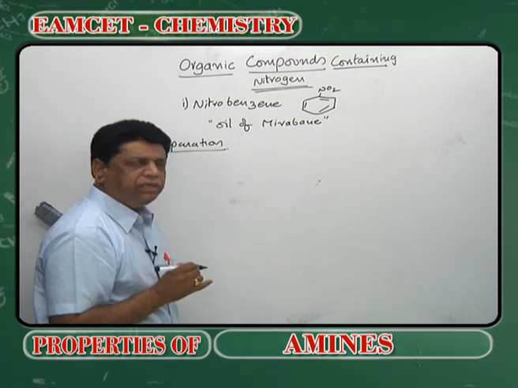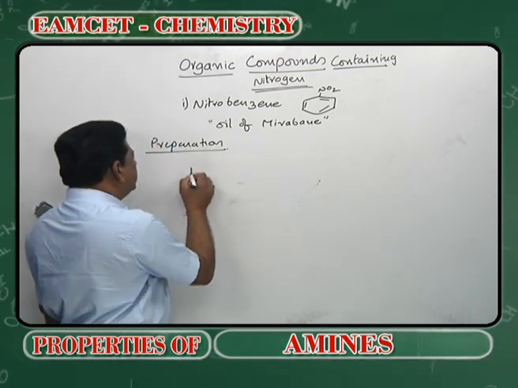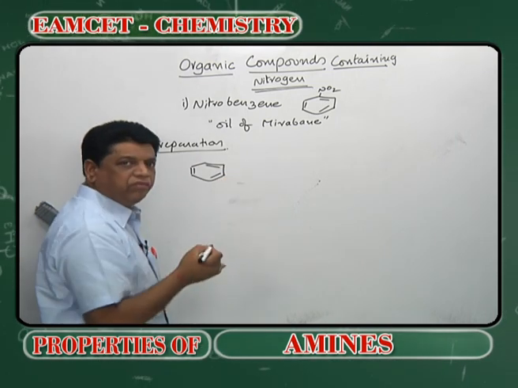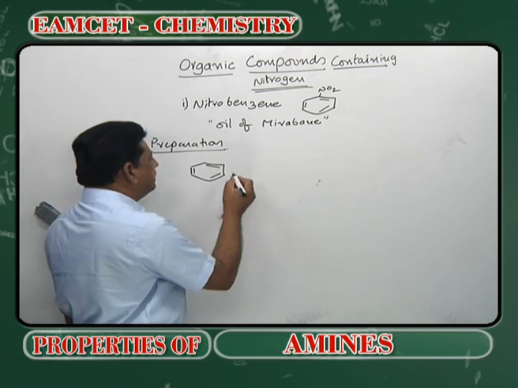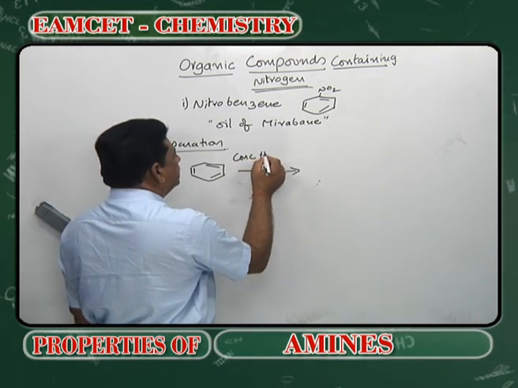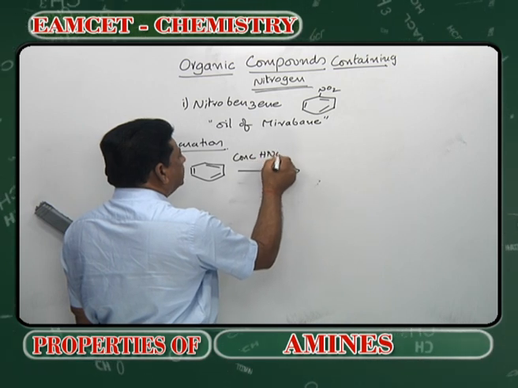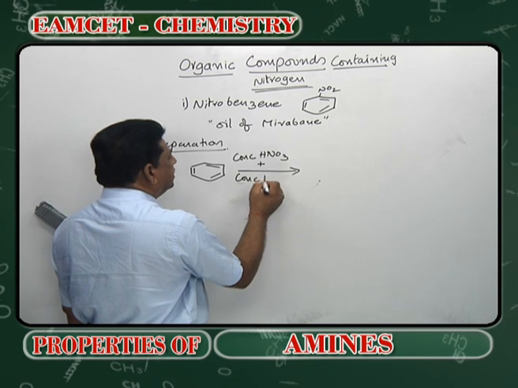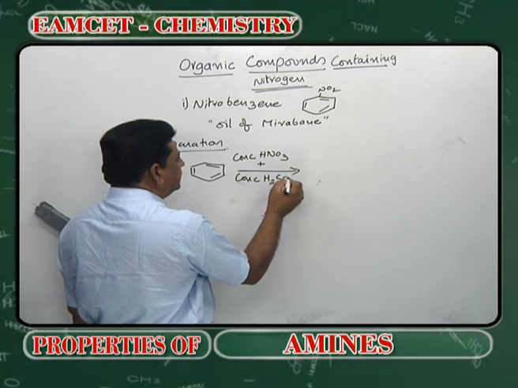There is only one method for that: you take benzene and nitrate it. This we have already covered under the benzene chapter. Take concentrated HNO3 as the reagent, plus concentrated H2SO4 as a catalyst.